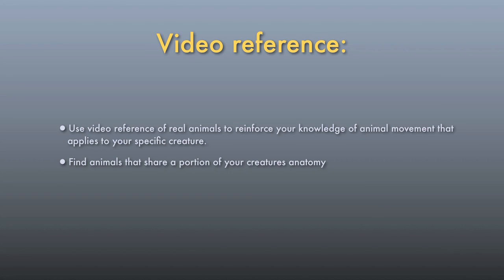Secondly, when you're trying to find that reference for your creature, what you're going to be looking for are animals that share some portion of the anatomy of your creature. Our creature in here is very similar to a lion or tiger, large cat.